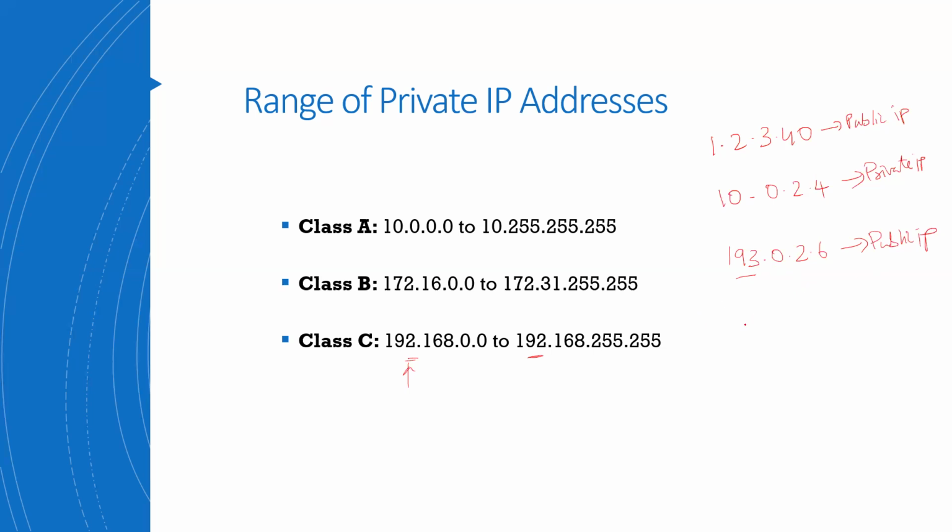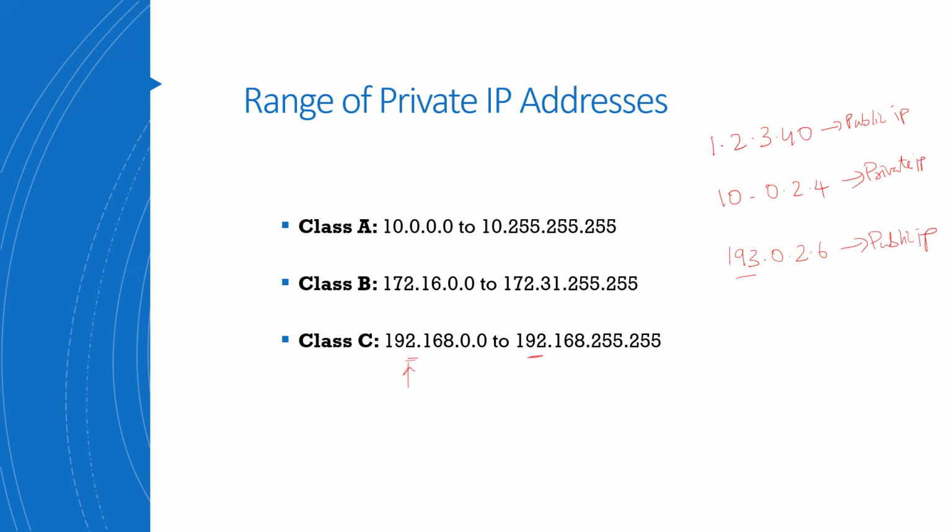Okay, so we need to remember these private IP ranges so that we can easily find whether any IP is private or public. This is how you can find public and private IP addresses.